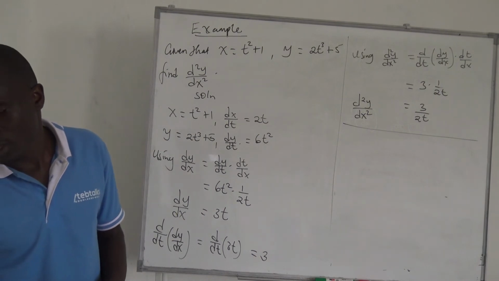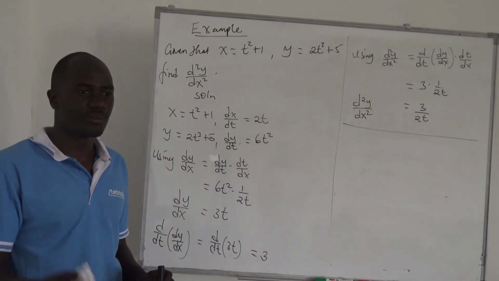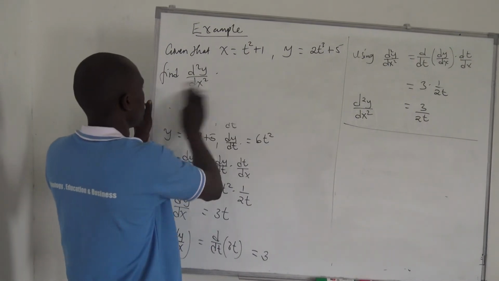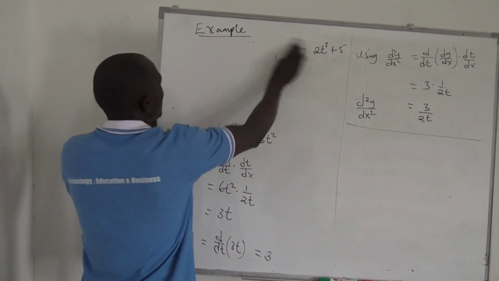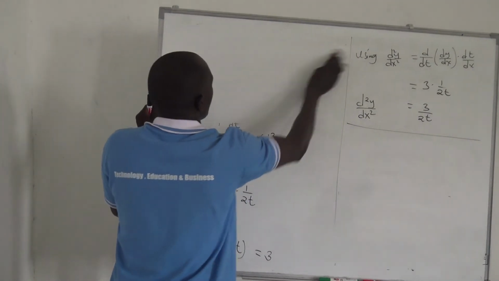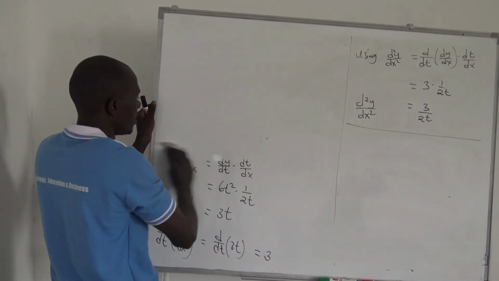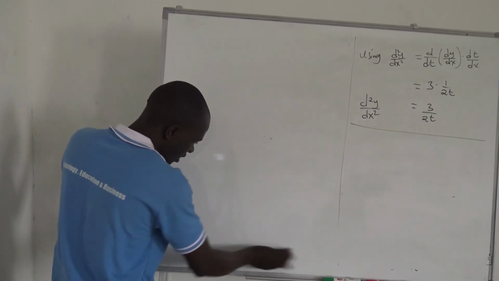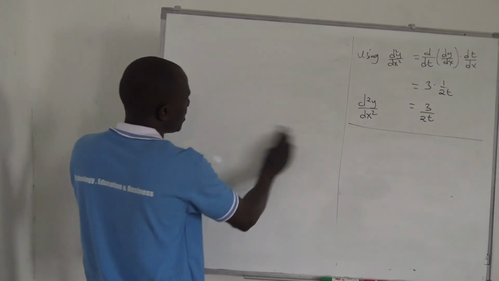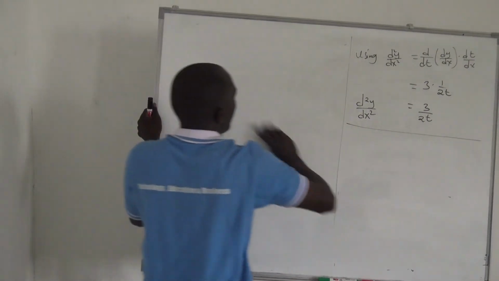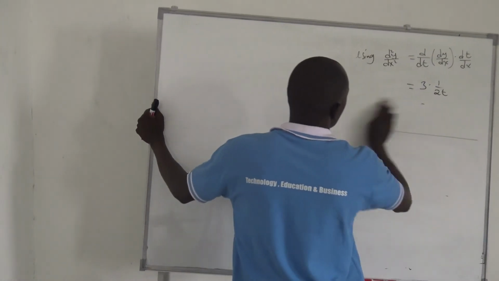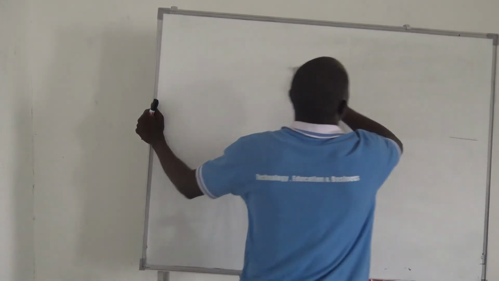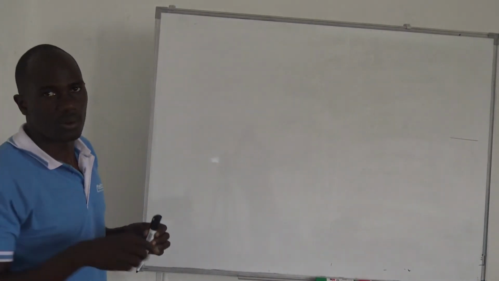So we are going to do the last item on second derivatives, which involves implicit functions. Then we will have marked our work on the differentiation of implicit and parametric equations. Next time when we meet, we shall look at other topics.